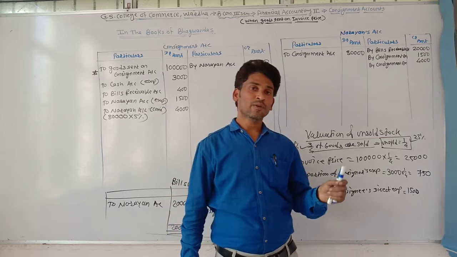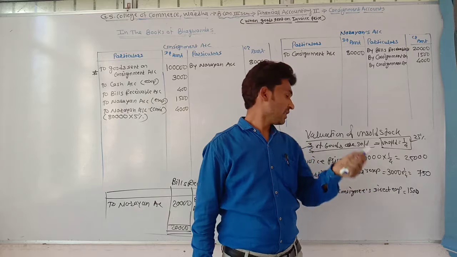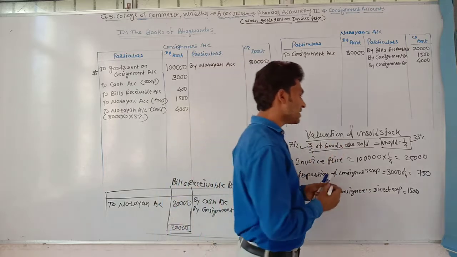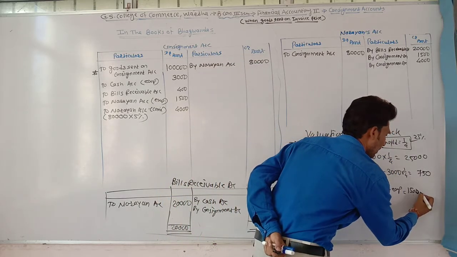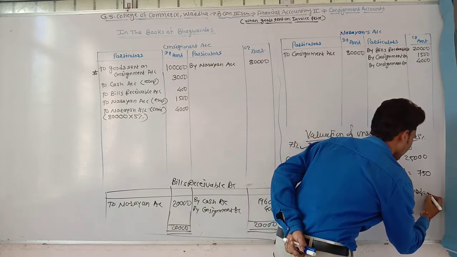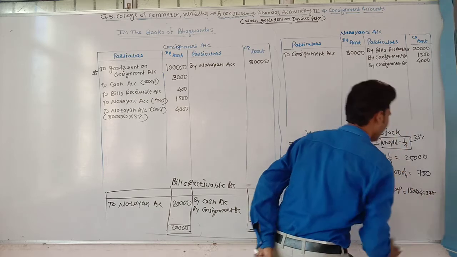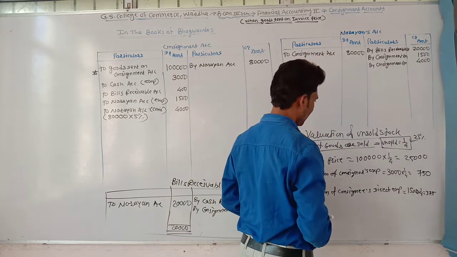These are the direct expenses. So out of that, three-fourths, I think, is 375.